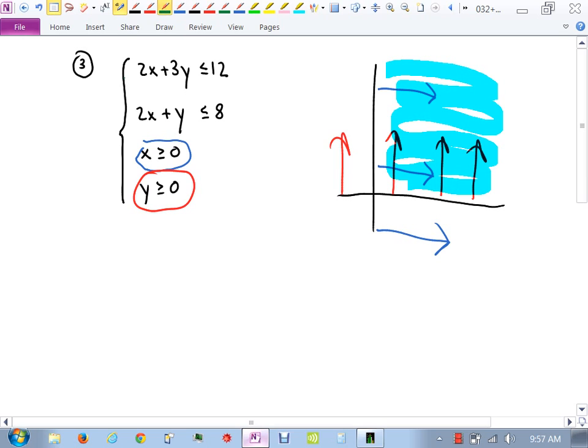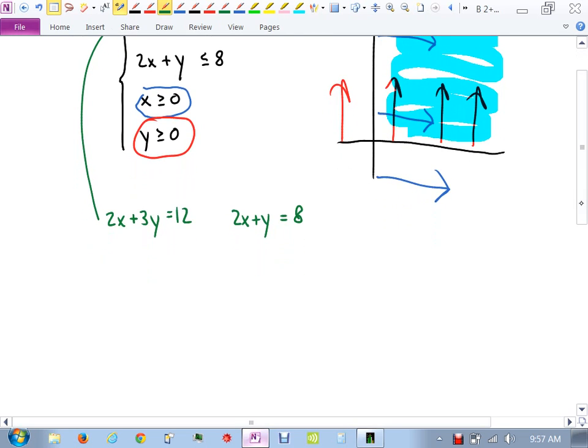So what I'm going to do with everything else, turn this into an equation. Turn the other one into an equation. And instead of saying y equals mx plus b, like we did in the previous problem, I'm going to plot these lines by getting the intercepts. So I'm not going to solve for y.